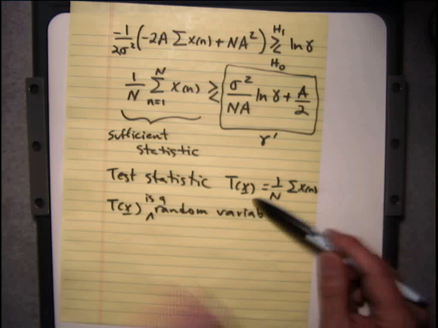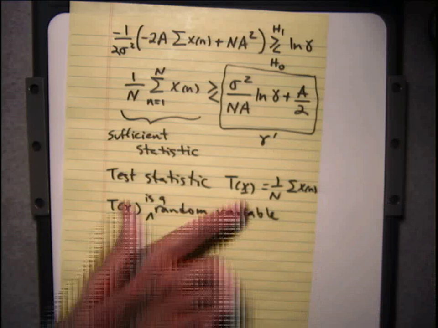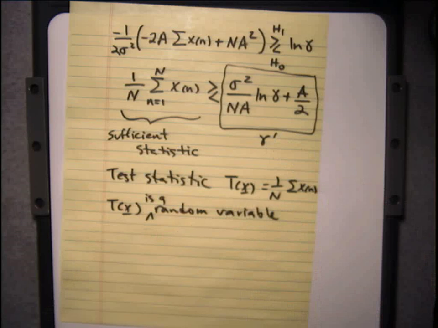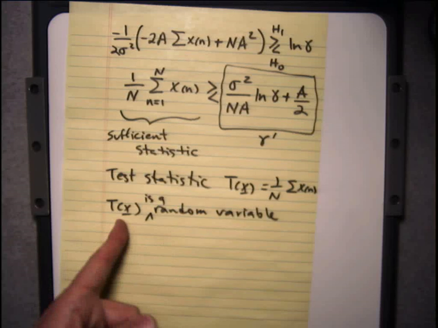If it's bigger than some threshold gamma prime, I choose one thing. If it's smaller, I choose another thing. Therefore, I need to know something about the distribution of T of x. Because I'm not going to make my decision directly based on the individual x's anymore. I'm going to make my decision based on this average quantity. So I have to know what the statistics of T of x are. Okay, so let's find out.